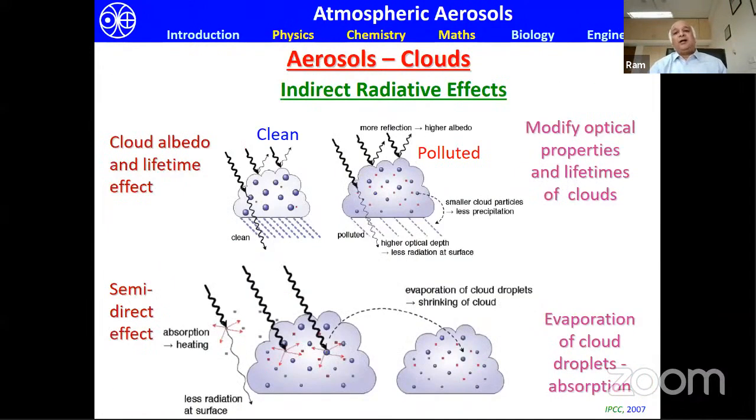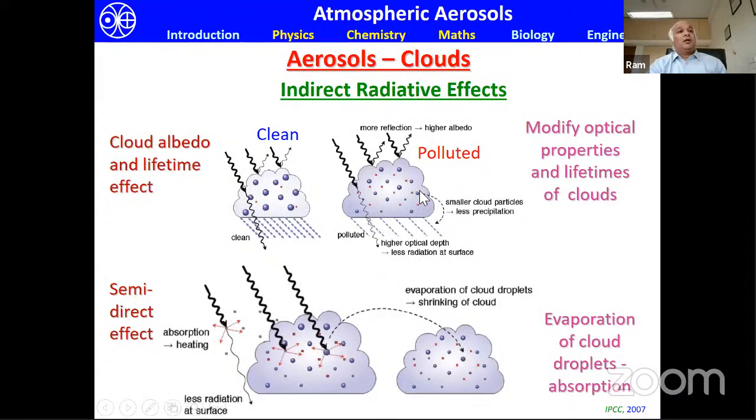In addition to the direct effects, as we also saw earlier, aerosols contribute to the formation of clouds, depending on the nature of these particles. When I say nature, it is the chemical nature of the particle and also the number that can be present between a cleaner and a polluted environment. The cloud characteristics, properties and lifetimes will also change.